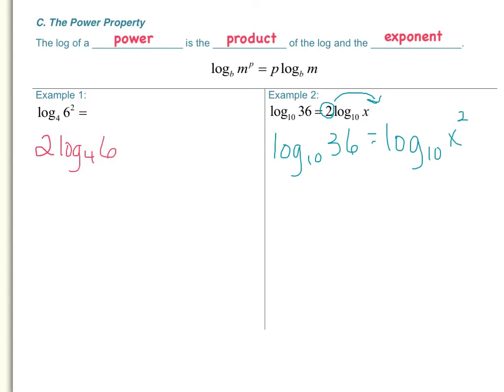Now we have like logs on each side of the equation. Both of them are log base 10. And because of that, I now can set my arguments equal to each other. So I have 36 equals x squared. And we know that if we want to isolate x, we need to undo the square, which means take the square root of it. And if we do that on the right side, we have to do it on the left side, so we know that x equals 6.